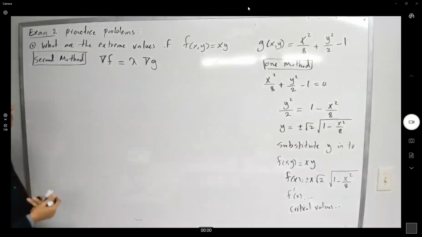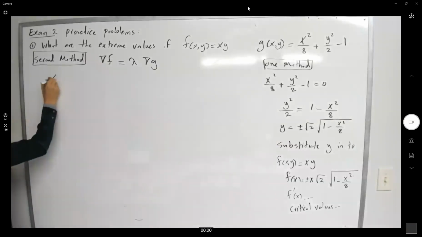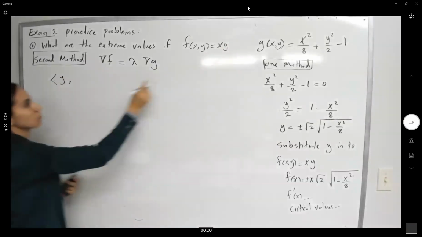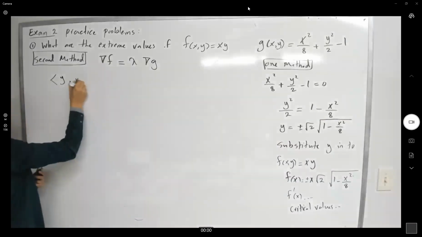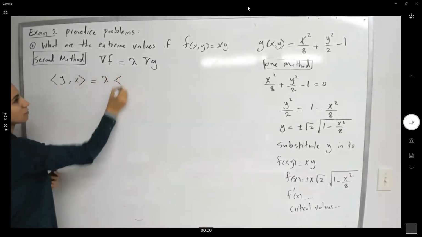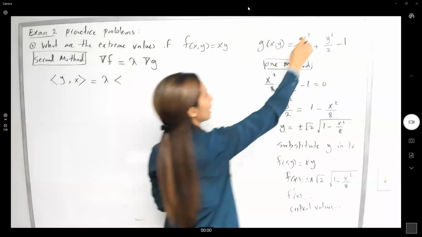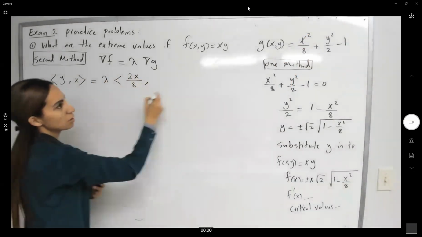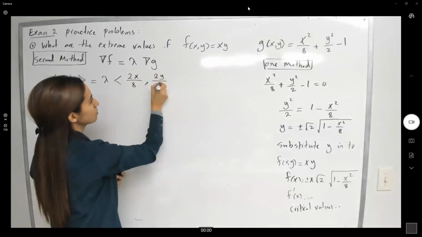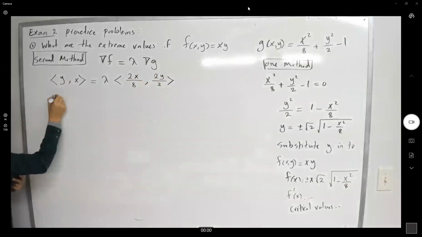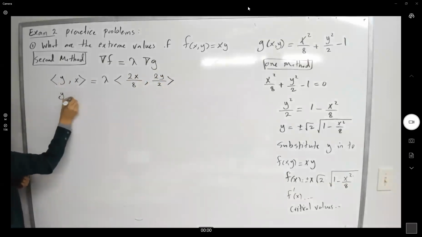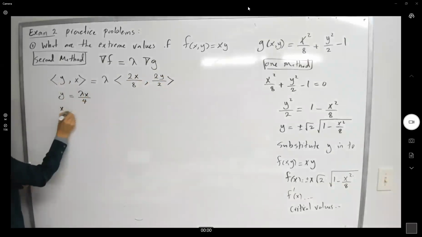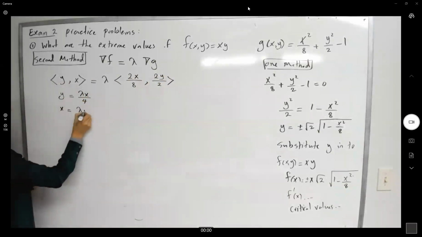The gradient of f is (y, x), which equals lambda times (2x divided by 8, 2y divided by 2). So y equals lambda x over 4, and x equals lambda y.